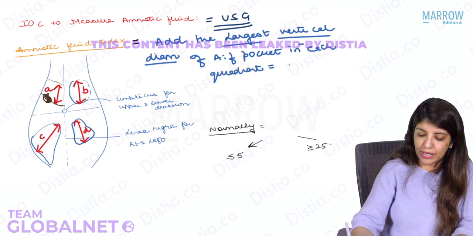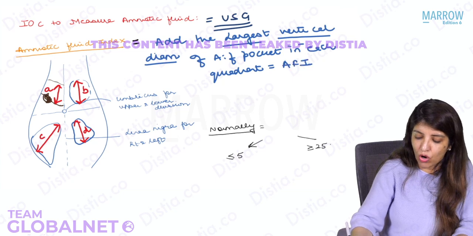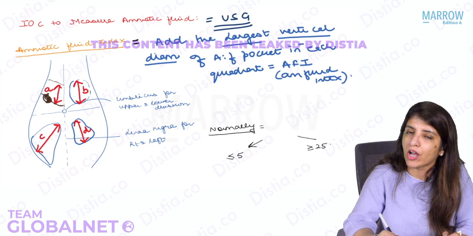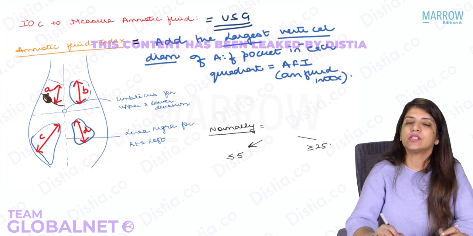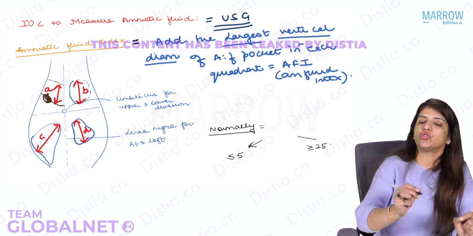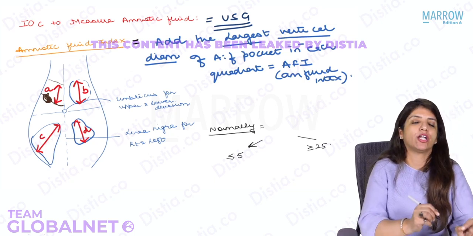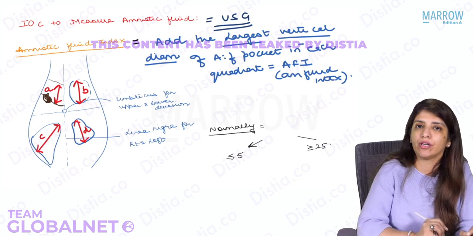That is what is called AFI or amniotic fluid index. Right? So it is the sum. If you have to define AFI, how are you going to define AFI? It is the sum of the largest vertical diameter of the pocket of amniotic fluid in each quadrant.